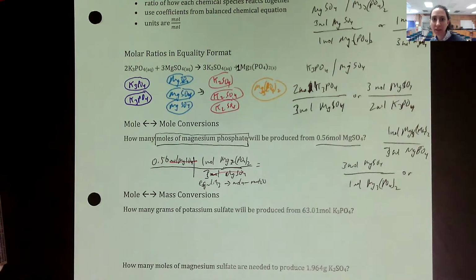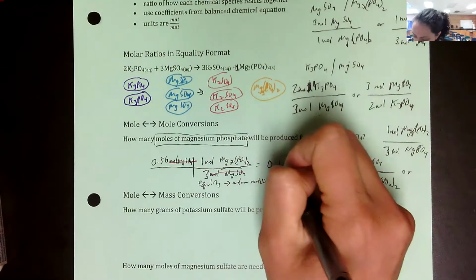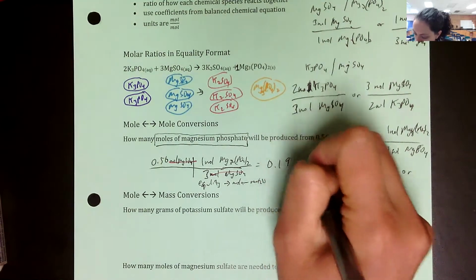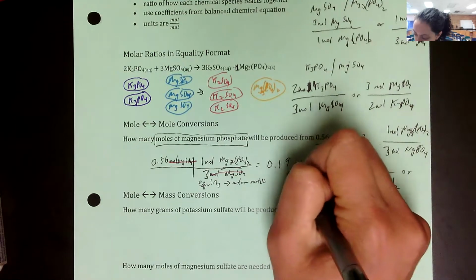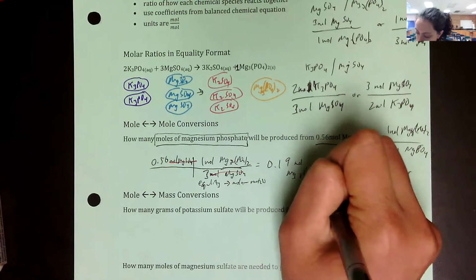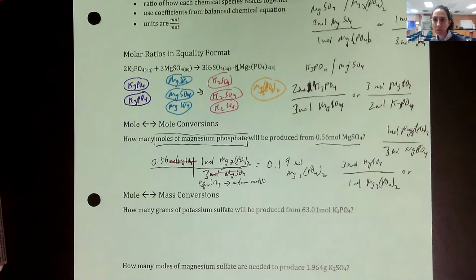So 1 tricycle requires 3 wheels. It's the same kind of idea. To make 1 product, it requires 3 parts. So 0.56 times 1 divided by 3 is going to equal 0.19 moles of magnesium phosphate. That is our answer.